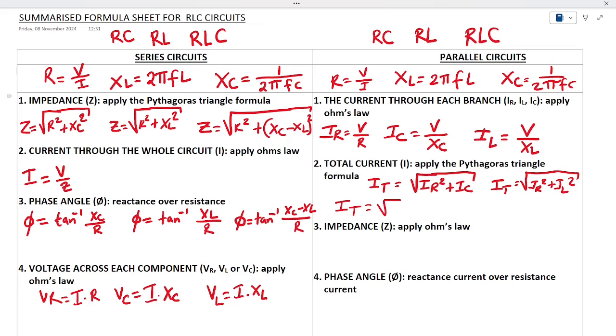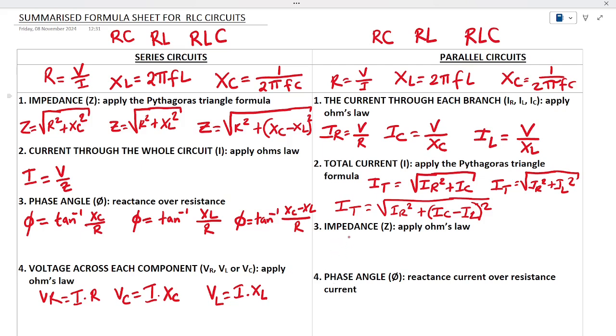So you go IR squared plus, with the same logic, let's assume IC was bigger than IL, so then you're going to do IC minus IL, the 2 of them squared, and they're all under the square root. So that's how you calculate the total current.